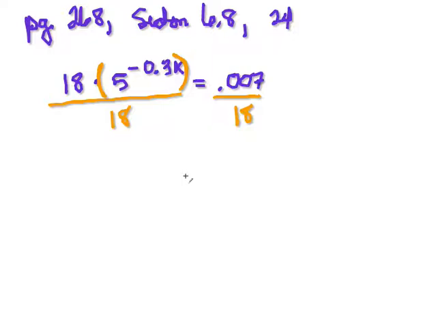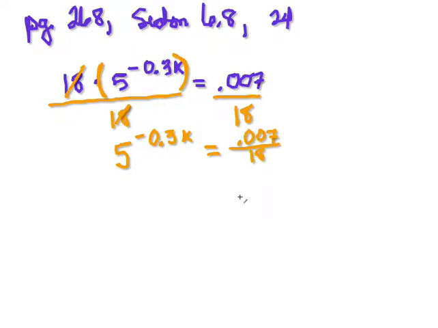So I want to get rid of the 18 in front and divide both sides by 18. Okay, so the 18s cancel, and I just have 5 raised to the negative 3/10 x is equal to 7 thousandths divided by 18.